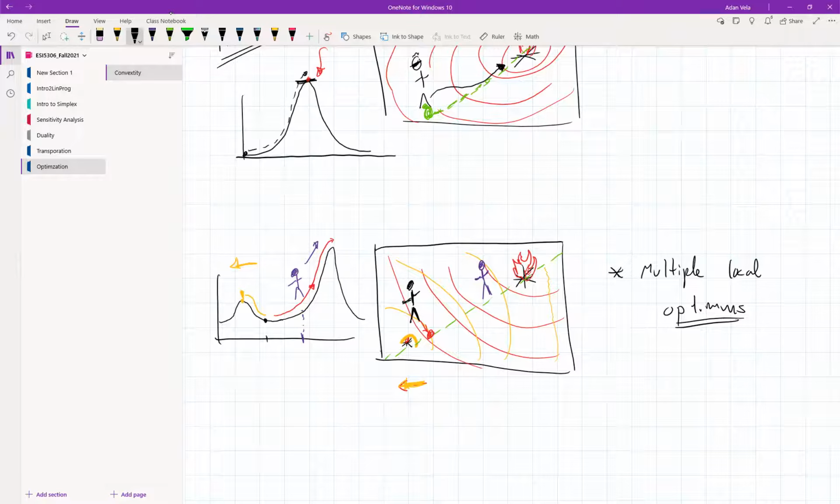Sometimes, depending on where we start, we might think one optimum that we find is actually the global one when it in fact is not. Okay, so that's a fundamental issue in optimization that a computer is going to go through. Now, whenever you see problems like this, where you have multiple optimums, this is not a convex problem.